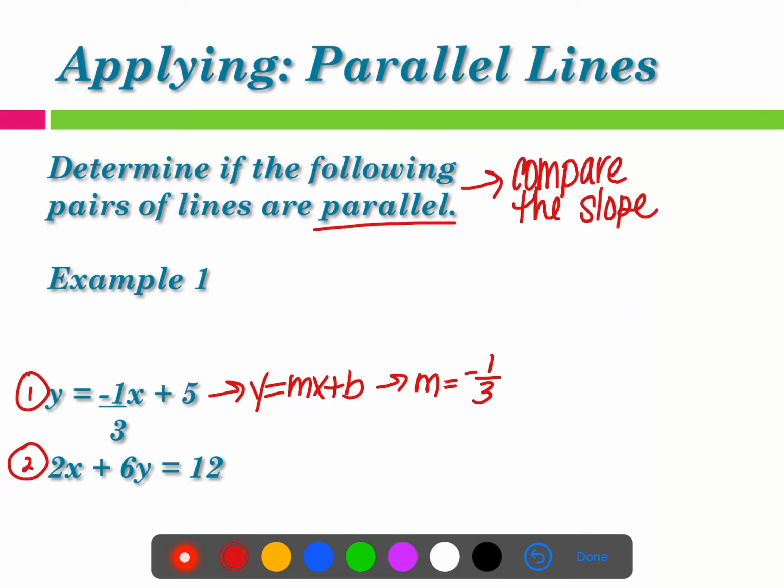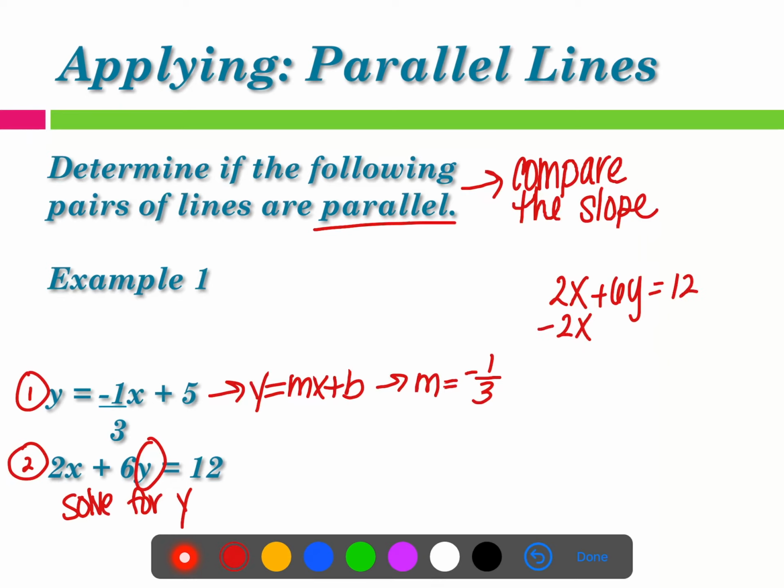In my second equation, this is not slope-intercept form, which means I need to solve for y. But we've been doing that for quite a while now, and we know how to solve for y.